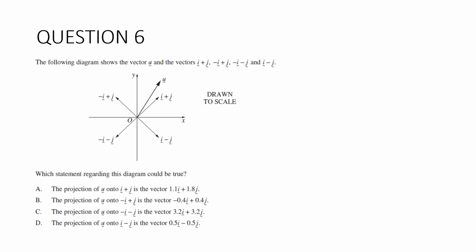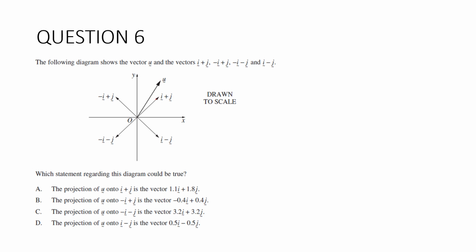Question 6. The following diagram shows the vector u and the vectors i plus j, negative i plus j, negative i minus j, and i minus j. Which statement regarding this diagram could be true? So you have a look at these different options. We are projecting u onto each of these vectors. So let's start with A. The projection of u onto i plus j is the vector 1.1i plus 1.8j.